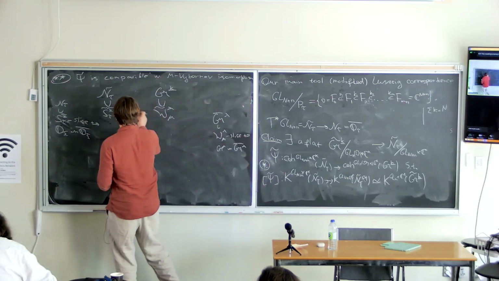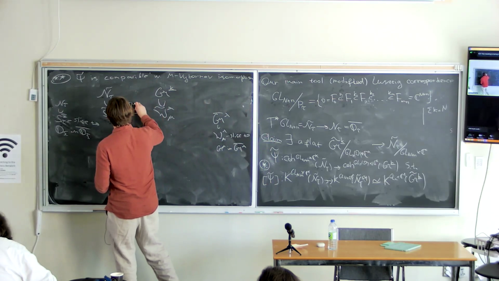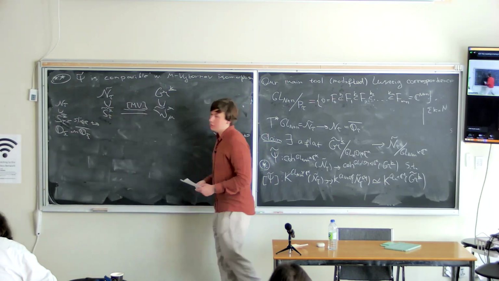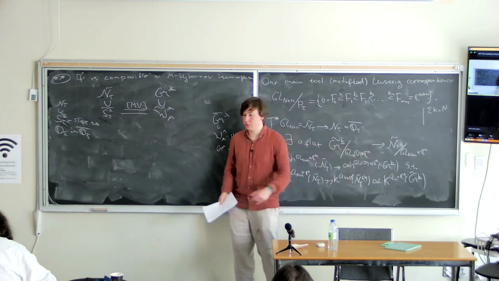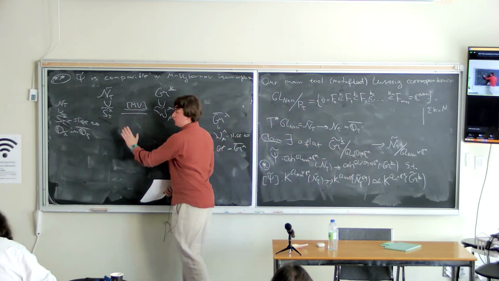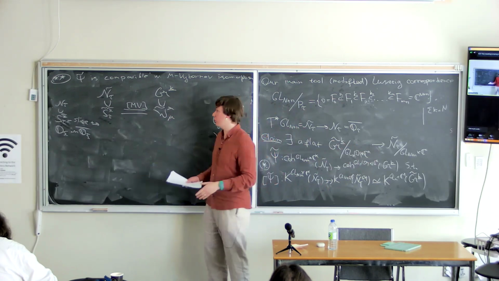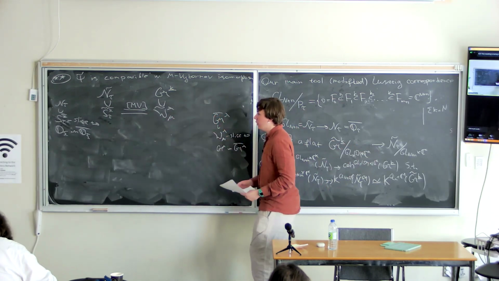And in type A, it's a remarkable result of Mirković-Vybornov, in the spirit of this Lusztig's construction, that these slices are isomorphic as varieties, as Poisson varieties, with the pre-images.